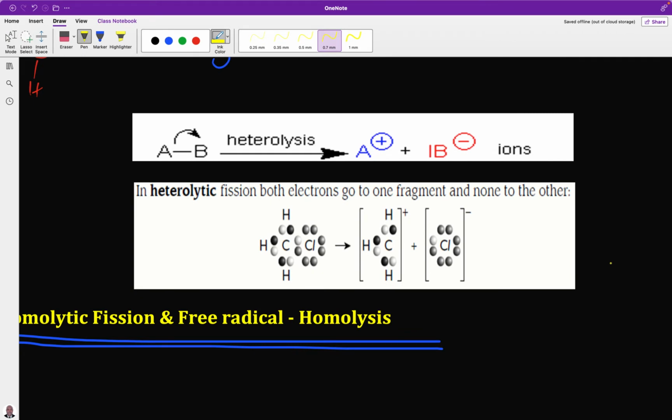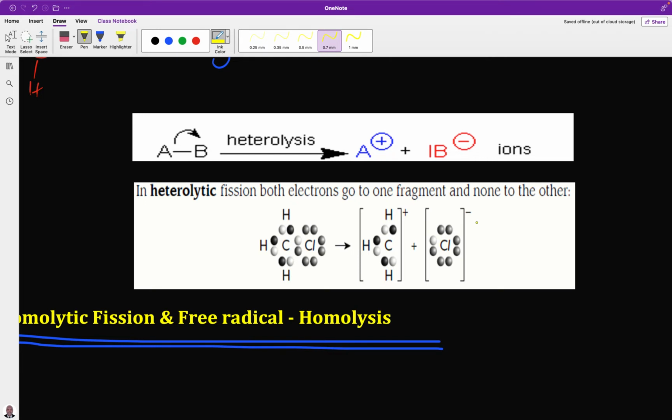In heterolysis, you see the curly arrows that are moving. They result in a carbocation, and this is a pair of electrons here. So this is an example of chloromethane resulting in a carbocation and a chloride ion.